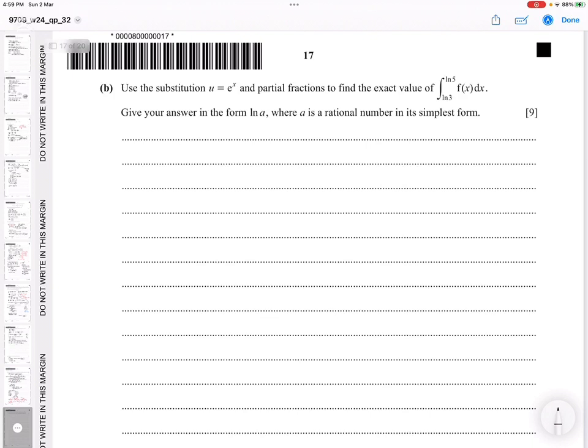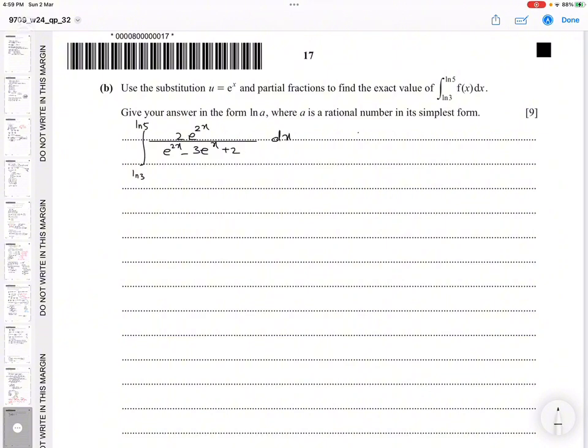Now B part, the integral from ln 3 to ln 5. We have to integrate f(x), and we have to take the substitution u equals e^x. So our f(x) is 2e^(2x) over e^(2x) minus 3e^x plus 2, dx.